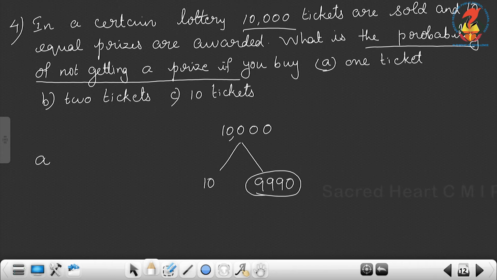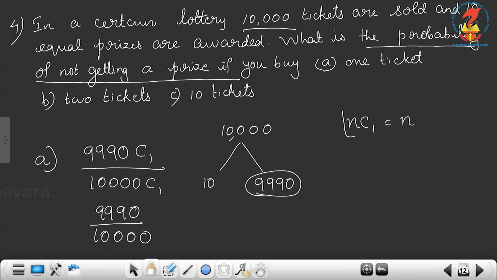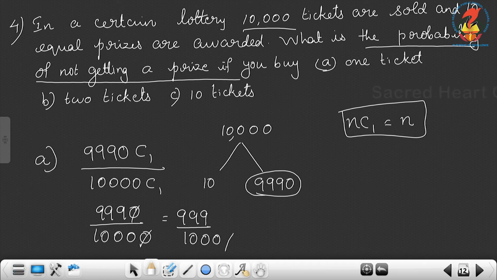So the required probability means 9,990 C1 by total tickets 10,000 C1, or you can write 9990 by 10,000, since NC1 is equal to N. So this cancels, 999 by 1000.